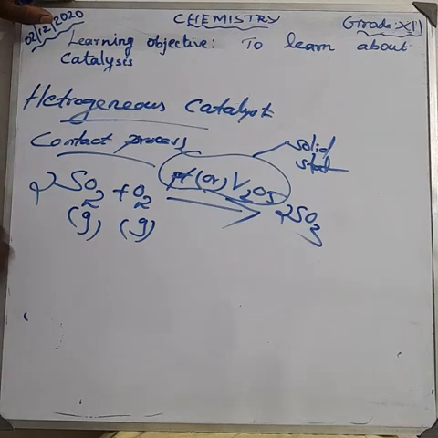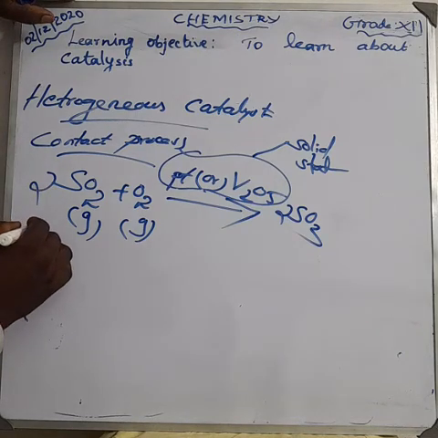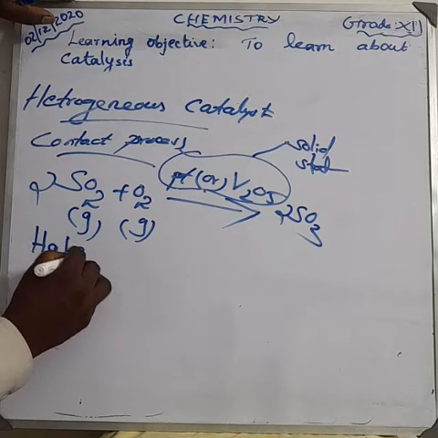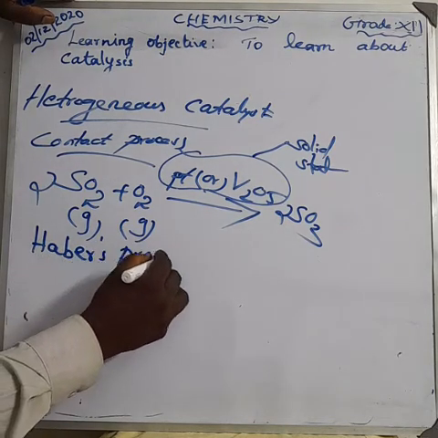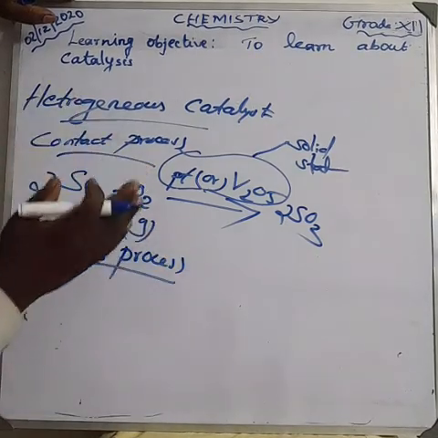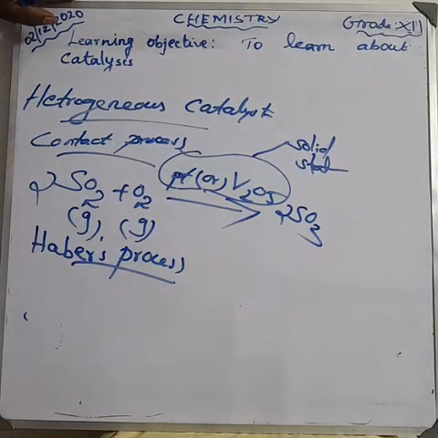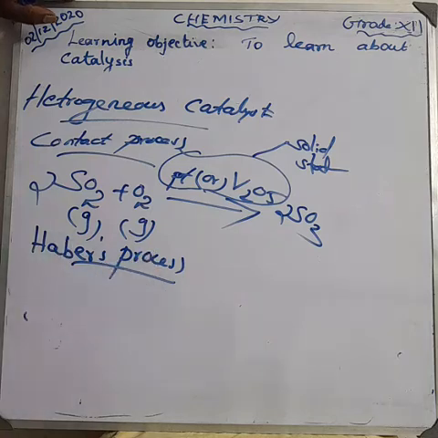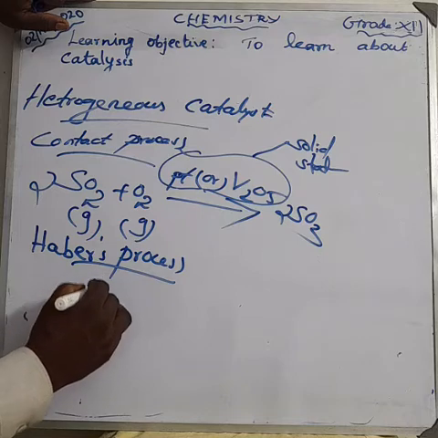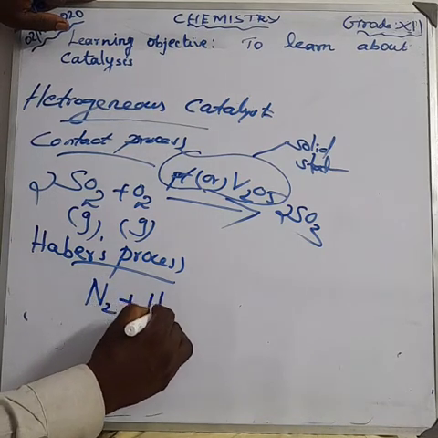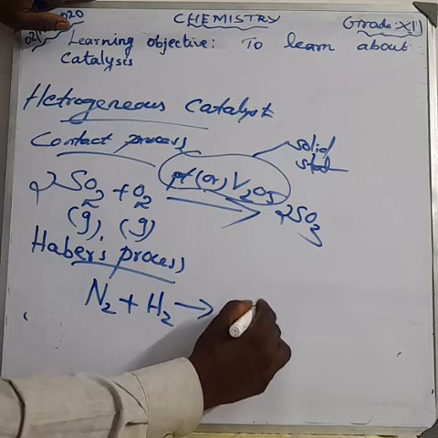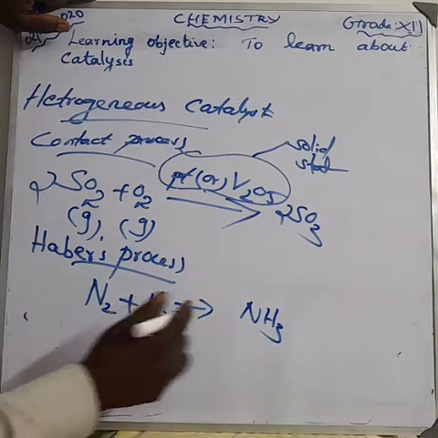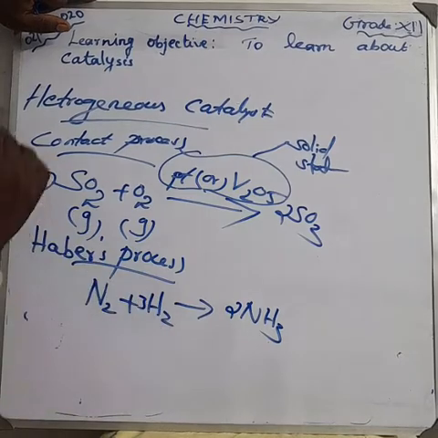Anyhow, the second one is the Haber process. All of you know that the Haber process means the manufacture of ammonia. Don't forget that, we learned it in previous lessons. The sulfur trioxide one is the contact process. The reaction between nitrogen plus hydrogen gives ammonia, NH3. 2 nitrogen, 3 hydrogen.